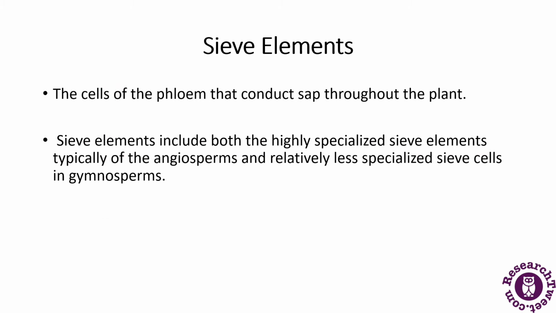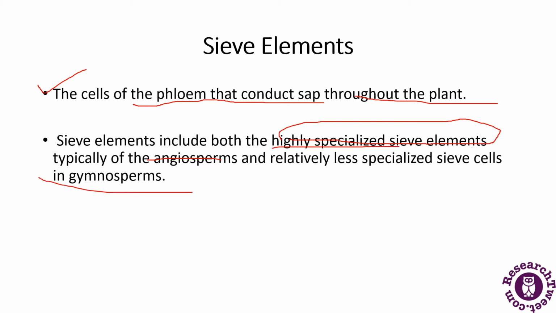The cells of the phloem that conduct sap are the sieve elements. They include both the highly specialized sieve elements, typical of angiosperms, and the relatively less specialized sieve cells in gymnosperms.